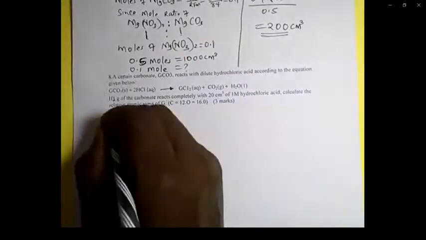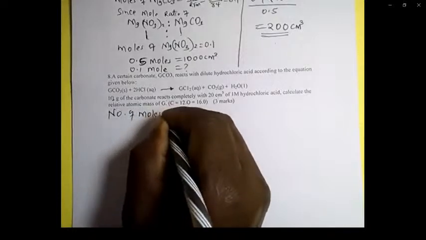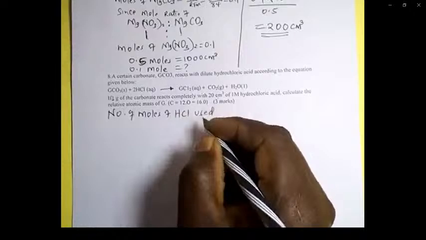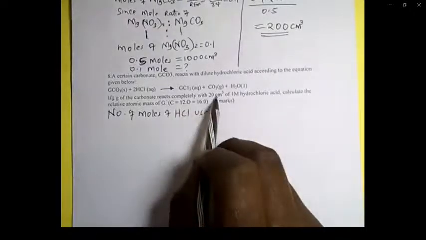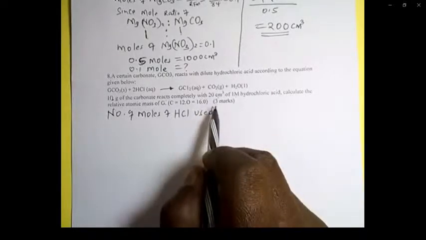So the number of moles of HCl used: we have the molarity of HCl, we have the volume, so we can easily get the number of moles of HCl that was used.